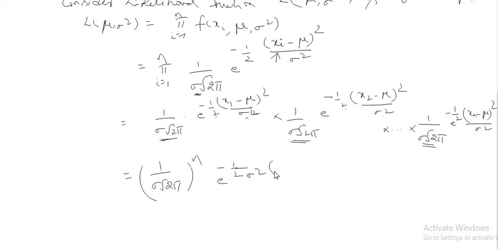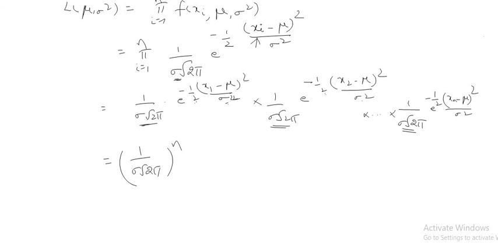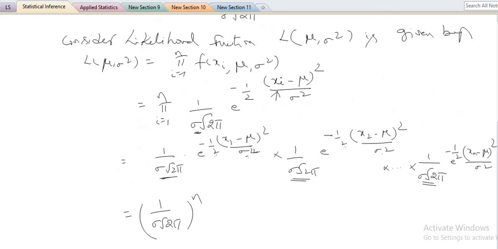So we can write simply, e to the power of minus 1 by 2 sigma square is a common term, and remaining all are summations.